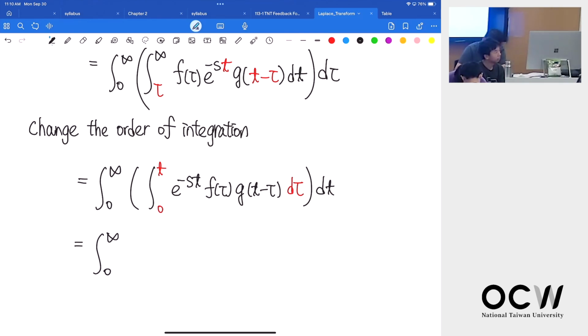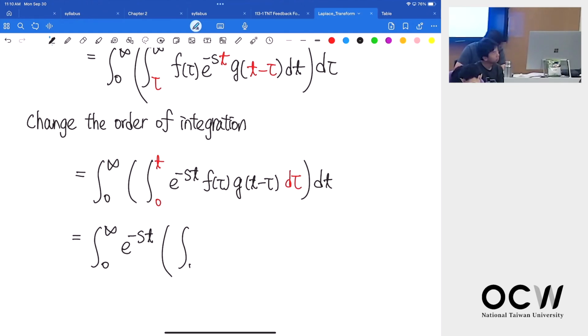Since this is d tau, the exponential term e to the minus st I can put outside. Inside the integral is the integration from 0 to t of f of tau, g of t minus tau, d tau, and then dt.